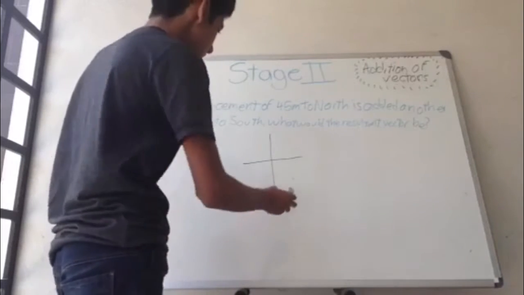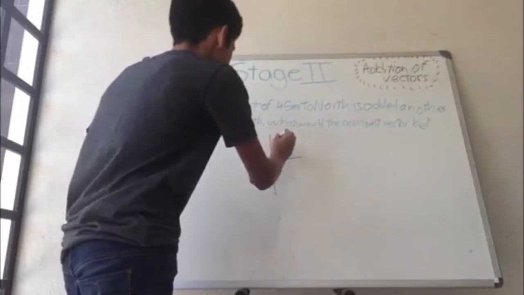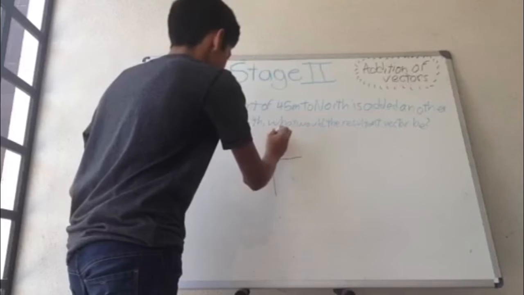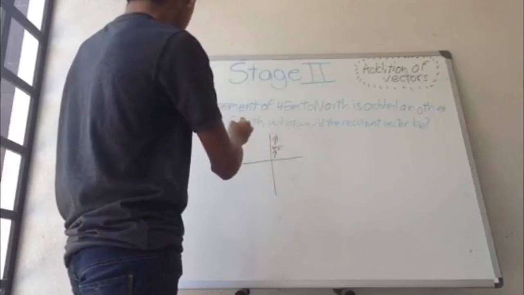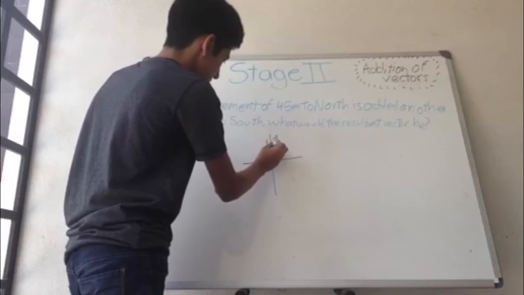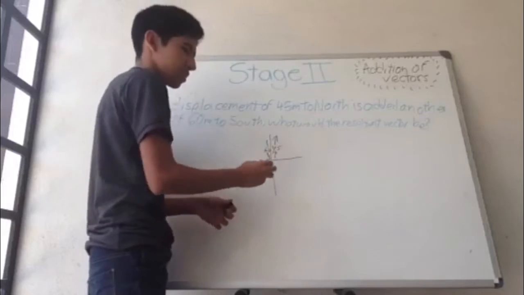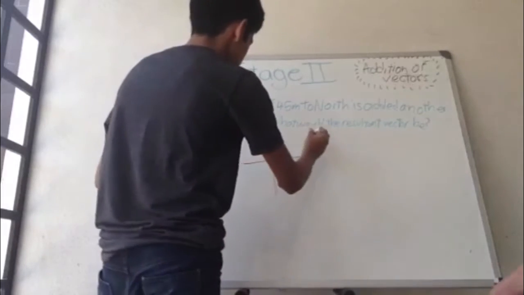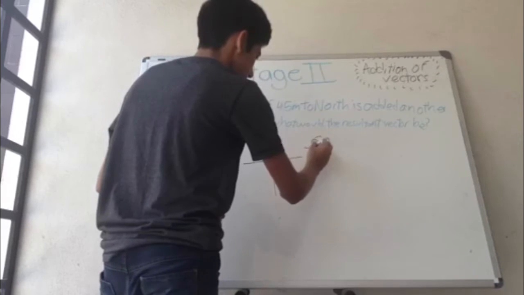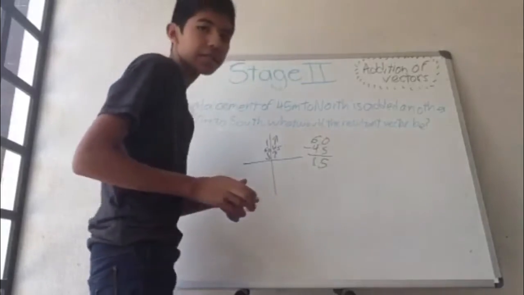Here it says we have a displacement of 45 meters to north, and then another one of 60 meters to south. What we only have to do is just make a subtraction. Minus 45. That's it.